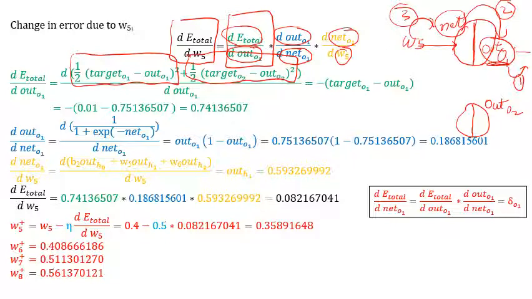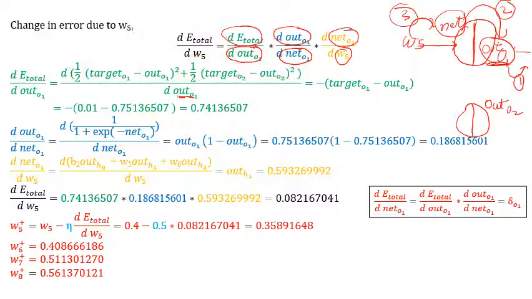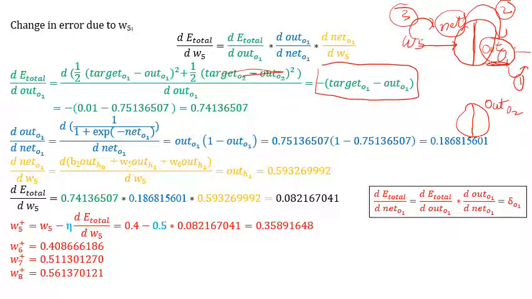Since I'm taking the derivative with respect to out one only, the second term acts as a constant and goes away, leaving only the first term. Plugging in the values, this is what I will get.